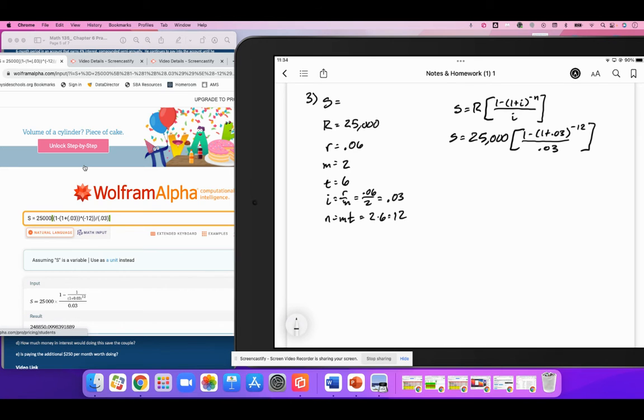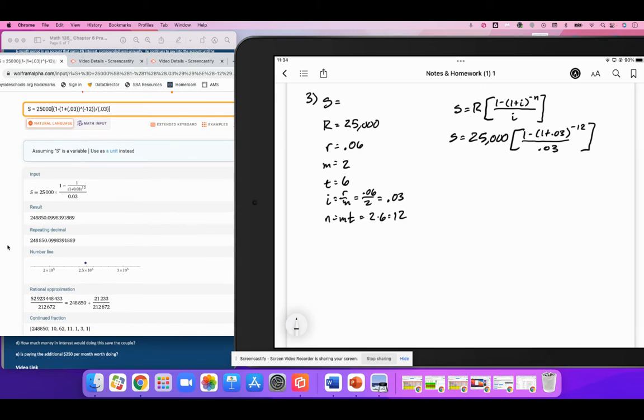So this is going to tell us how much money she needs to have in the account when she gets to retirement in order to do what she wants to do. And so we've got S is equal to $248,850.10. So she needs $248,850.10 in the account when she retires.